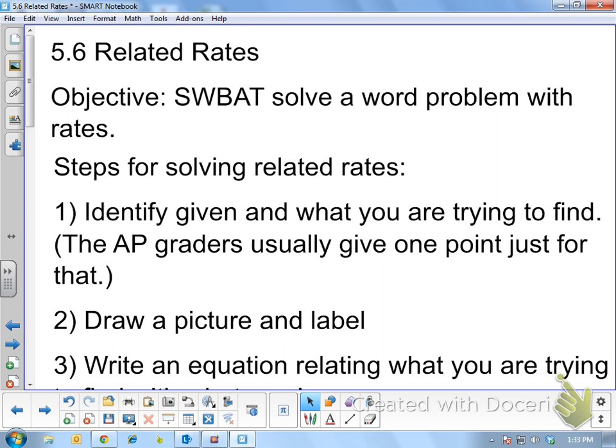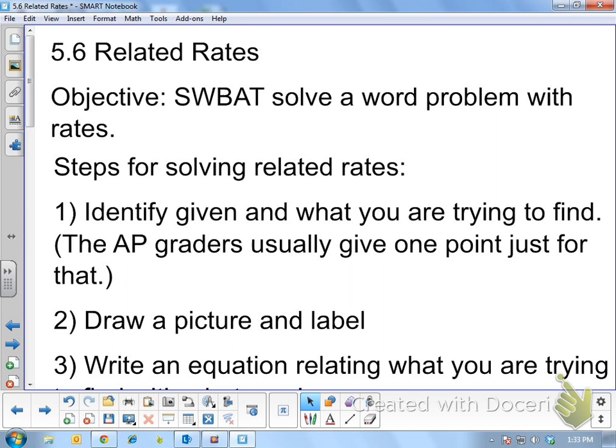If it's on a free response, if you just identify dV/dt equals 700 meters cubed per second, along with possibly some other ones, all of those identifications together would be for 1 point. And 1 point can mean a lot when you're taking the AP test.